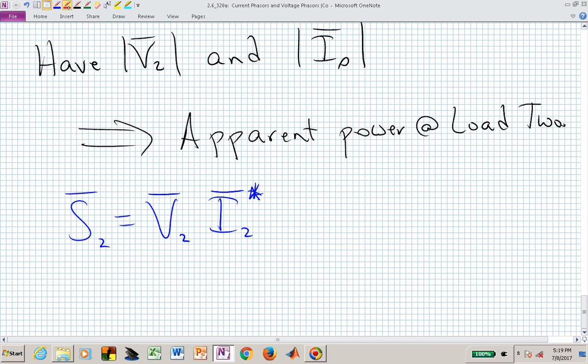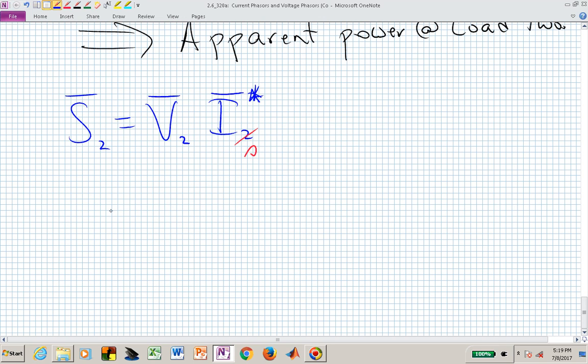And this I sub 2 is the same as I sub s since it's in series. Well, if I know that this is true, I could take the magnitude of both sides, and that's still going to be true.